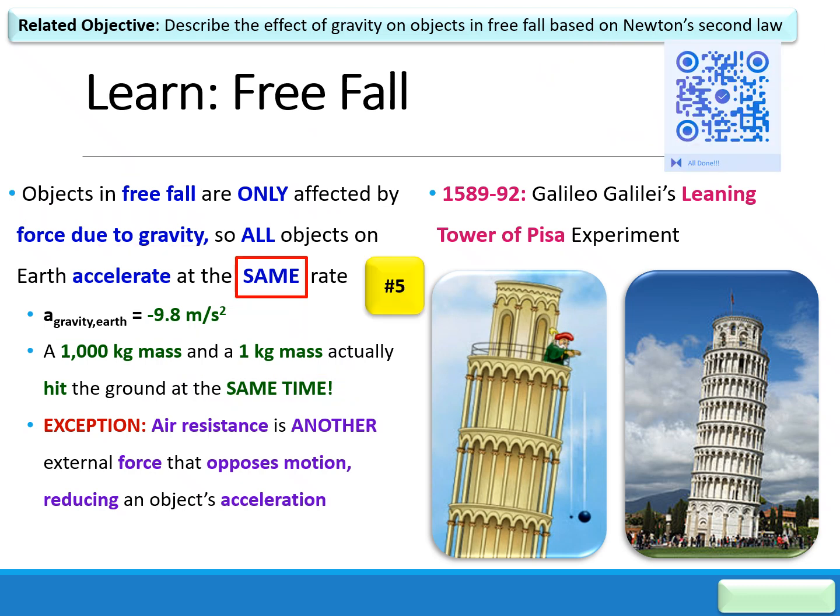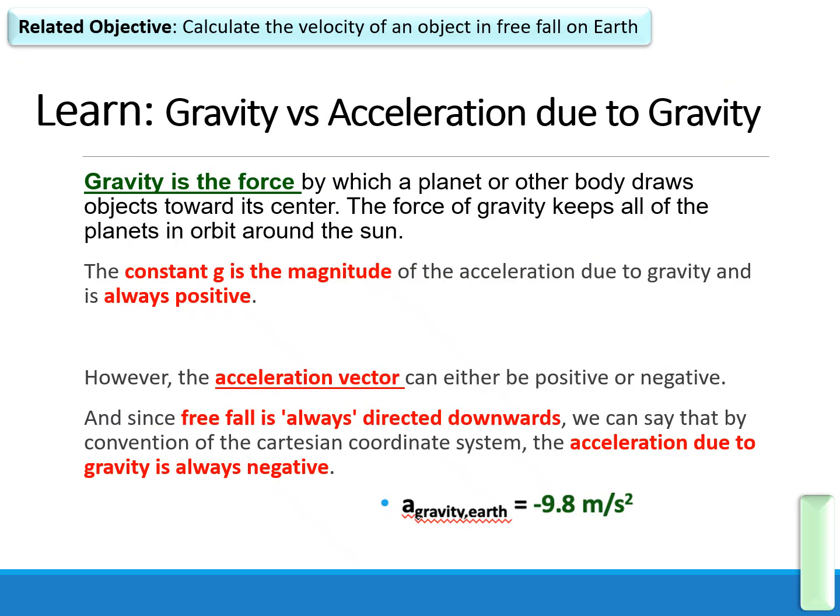Okay, so question number 5. Question number 5 is they all fall to the ground, fall towards Earth at the exact same rate. I want to say one thing before we go any further.